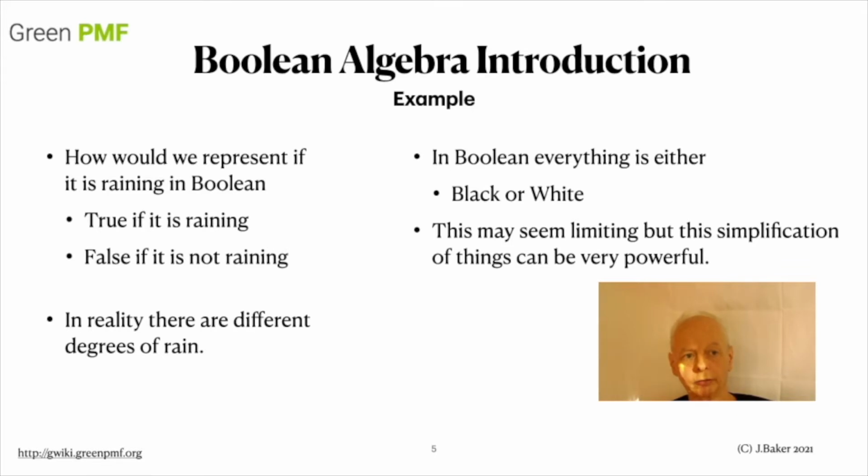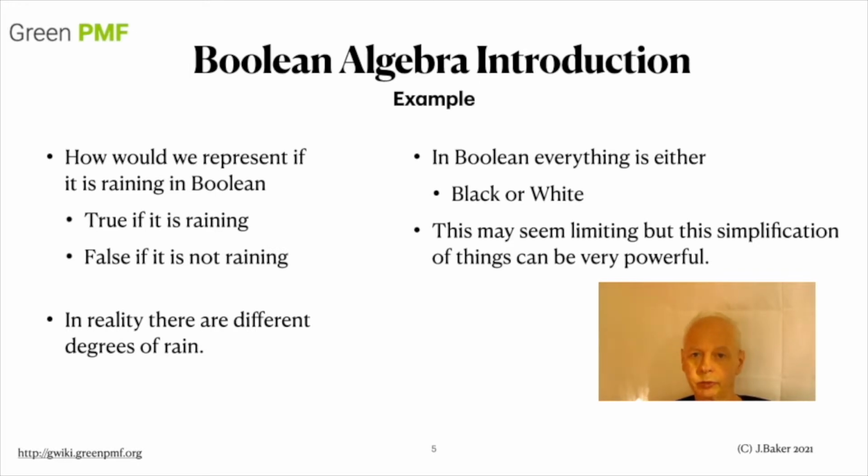So let's have a look at a quick example. How would we represent if it is raining in Boolean? I don't mean in the place, I mean in the mathematics sense. We would say true if it is raining. We would say false if it is not raining.